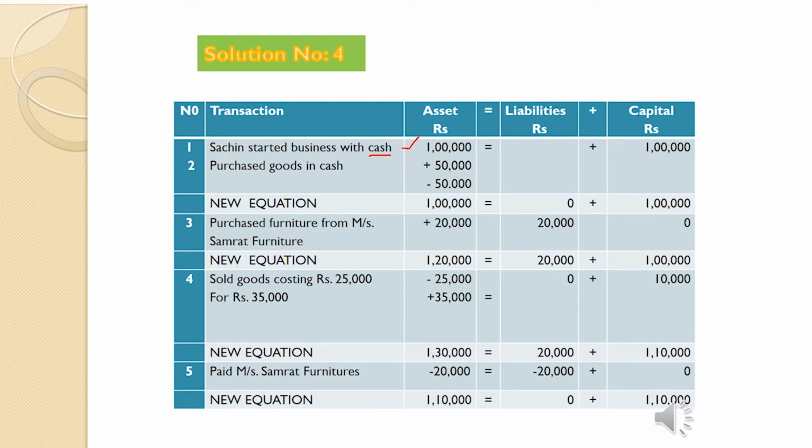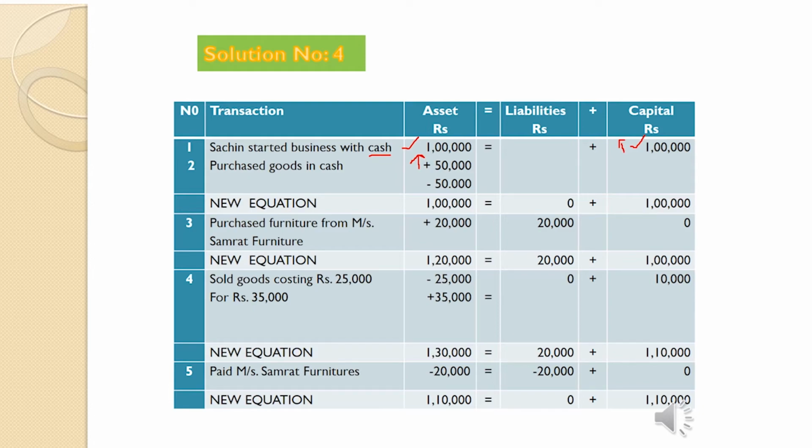Then amount of capital increase, so add 1 lakh. Purchase goods in cash, so the stock value increase, so asset increase, so add. Here there is no liabilities.